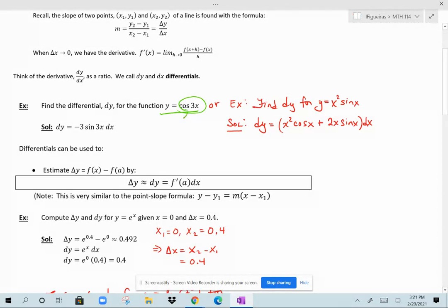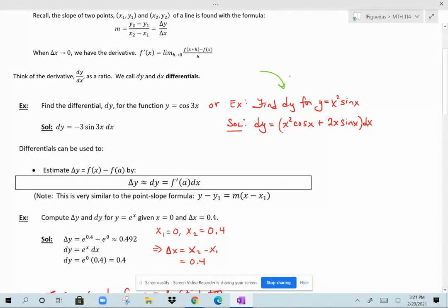When you do that, the derivative of cosine is negative sine of 3x times the derivative of 3x, which is 3. So my derivative is negative 3 sine of 3x. But instead of writing dy/dx, you write dy equals negative 3 sine of 3x, followed by dx.